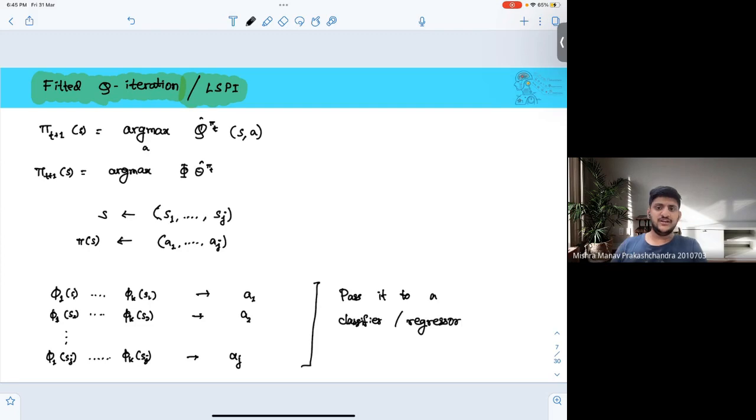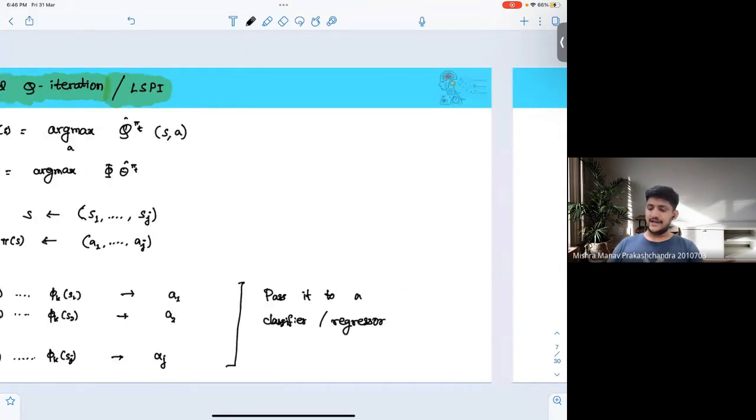So this is one method in which one can take the Argmax. You compute this particular quantity, phi times theta hat, you get the corresponding action, and for all such actions, you take the Argmax over the j number of classes that you have.